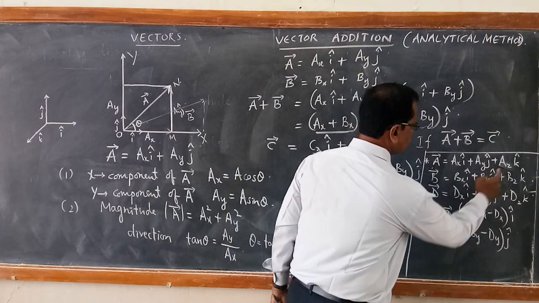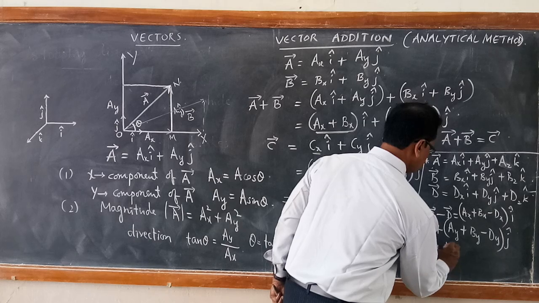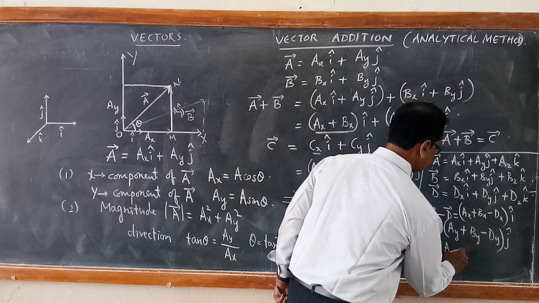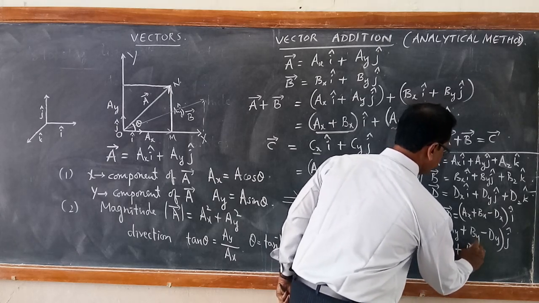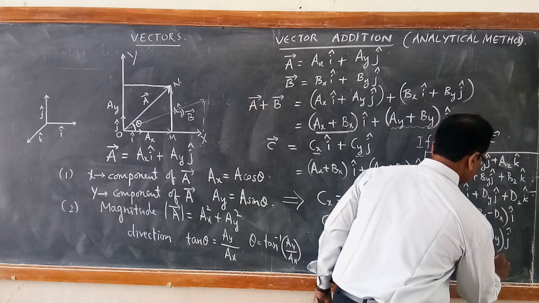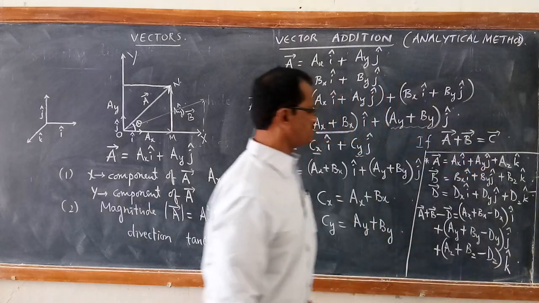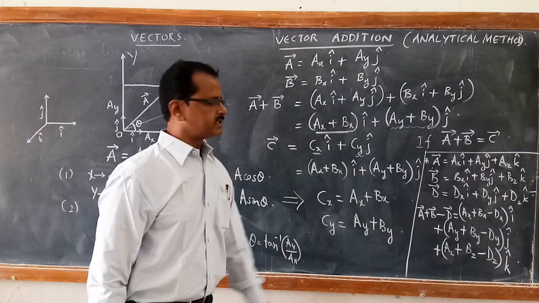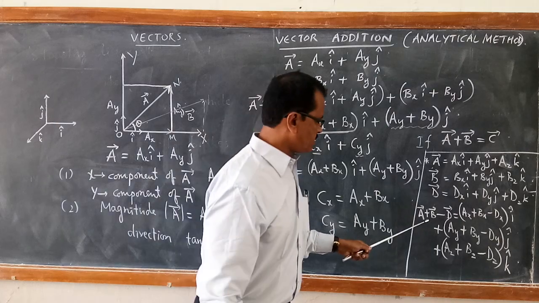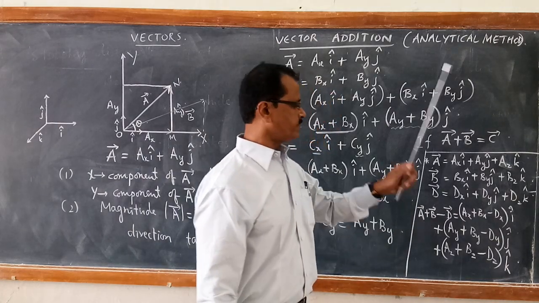Next, the z component becomes az plus bz minus dz, into k cap. So this becomes the resultant of vector A plus vector B minus vector D.